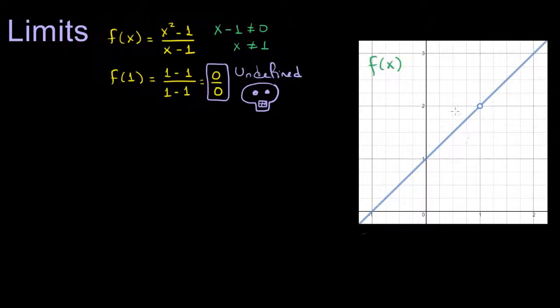But by looking at the graph we can see that when you input the value of 1, it should be a 2 as an output. It should be a 2.